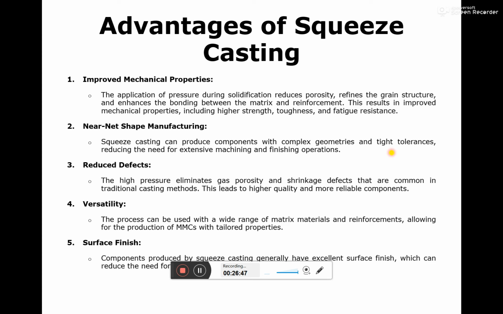As with stir casting, there is versatility: based on the temperature ranges of your setup, you can choose the appropriate matrix and reinforcement material. And the surface finish is far better when compared to the stir cast component.